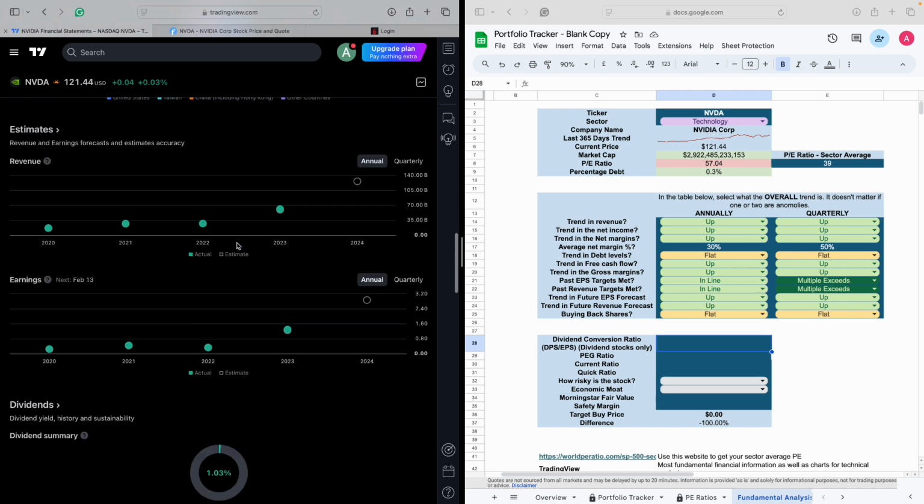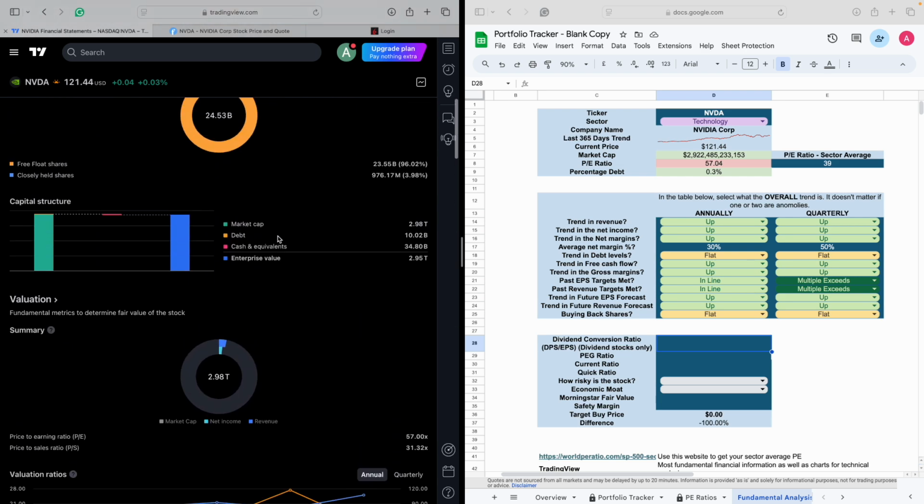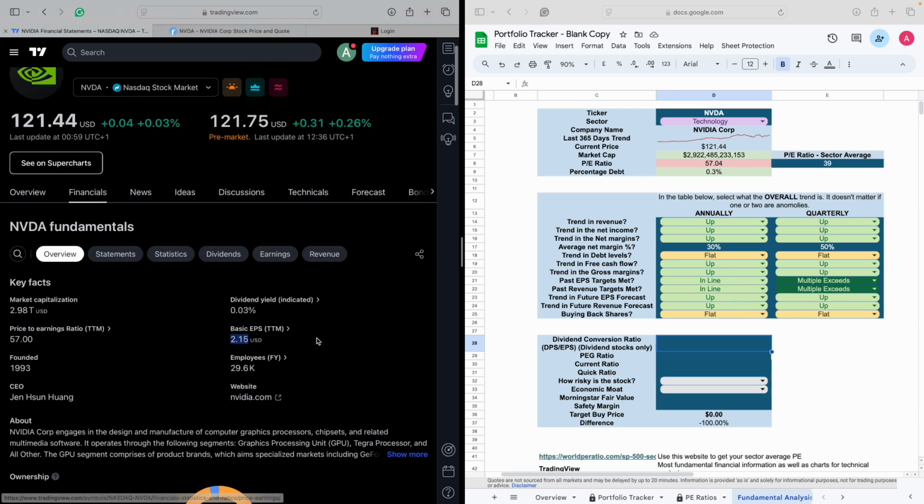And if I scroll down, in the last year, their dividends per share was 2 cents. So the calculation would be 0.02 divided by 2.15. And the answer is literally less than 0.001.